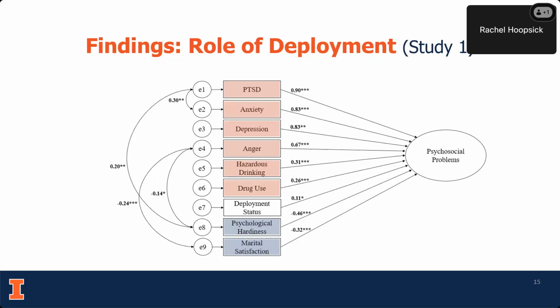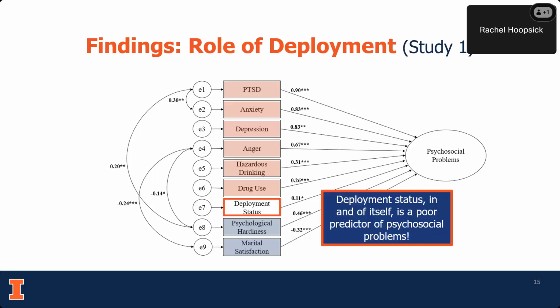While conversely, those resiliency factors of psychological hardiness and marital satisfaction negatively loaded onto or were associated with less psychosocial problems. But lastly, we see that deployment status was the least salient factor in the model.